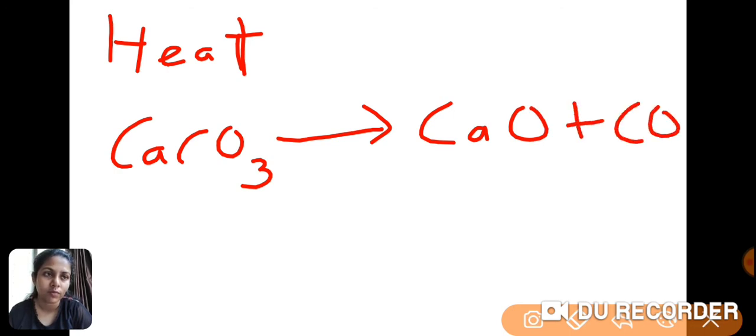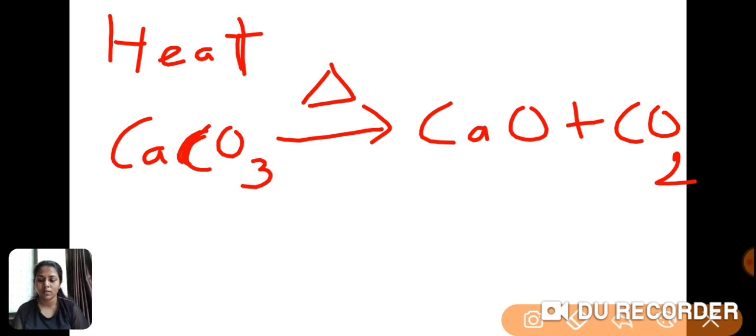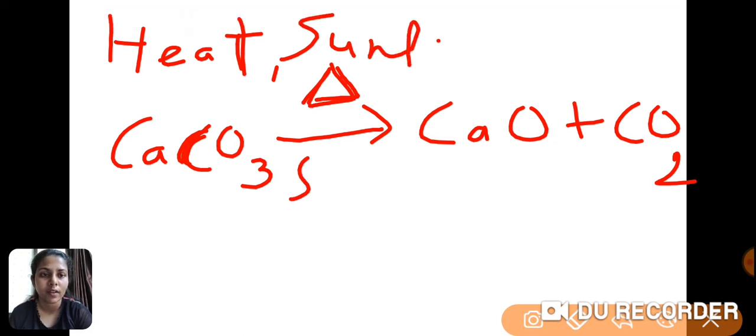This is in chemical equation, CaCO3 gives CaO plus CO2. This process happens when we heat CaCO3 under some pressure or sunlight. So we represent heat as a triangle here, or if it is under sunlight, we write here sunlight.